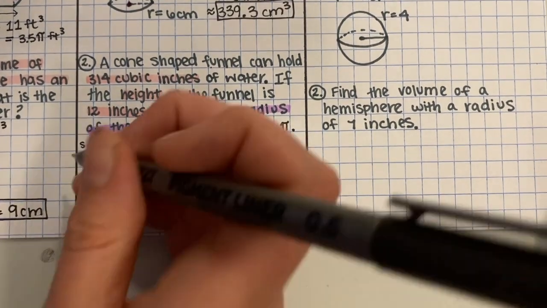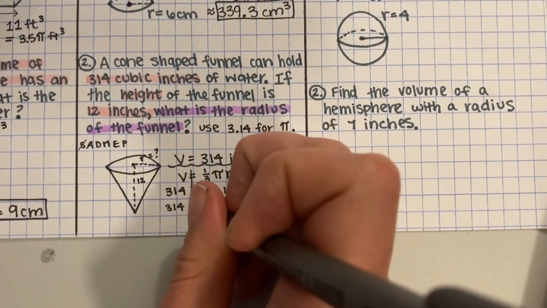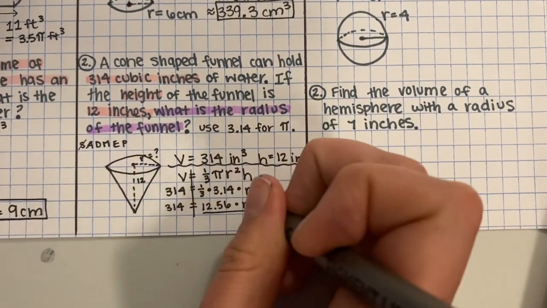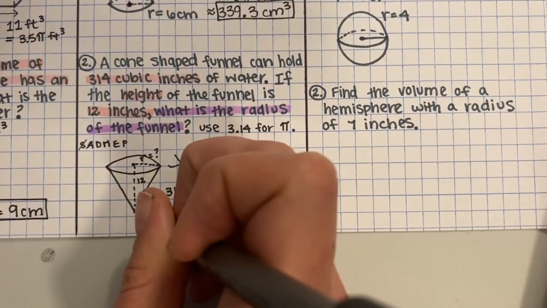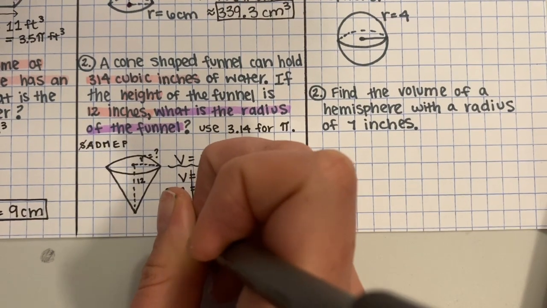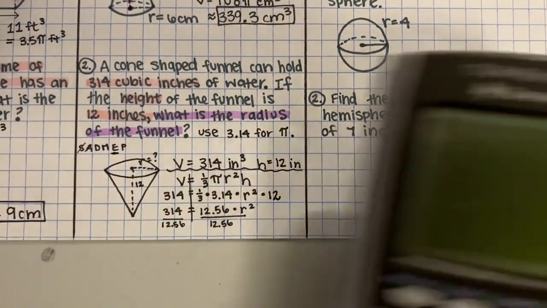There's no addition or subtraction to be done. There is multiplication or division because the r squared is being multiplied by 12.56. So I'm going to divide both sides by 12.56 because that has to happen before we can look at the exponent because that's toward the end.